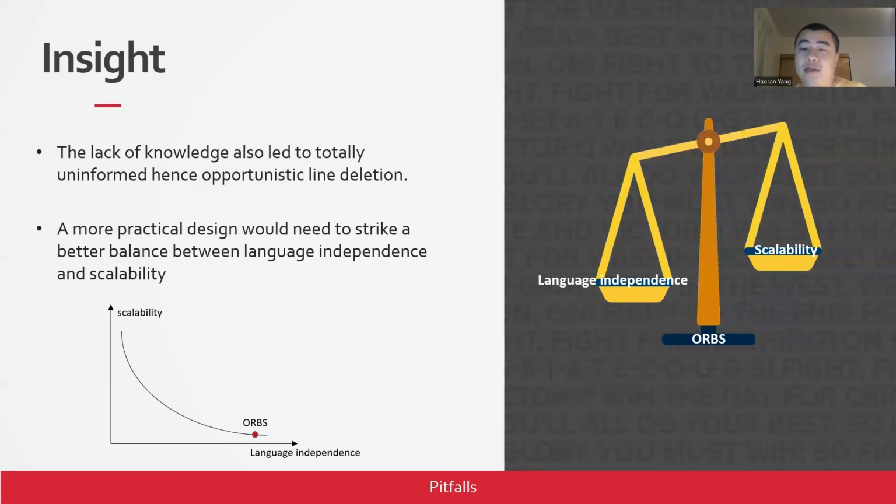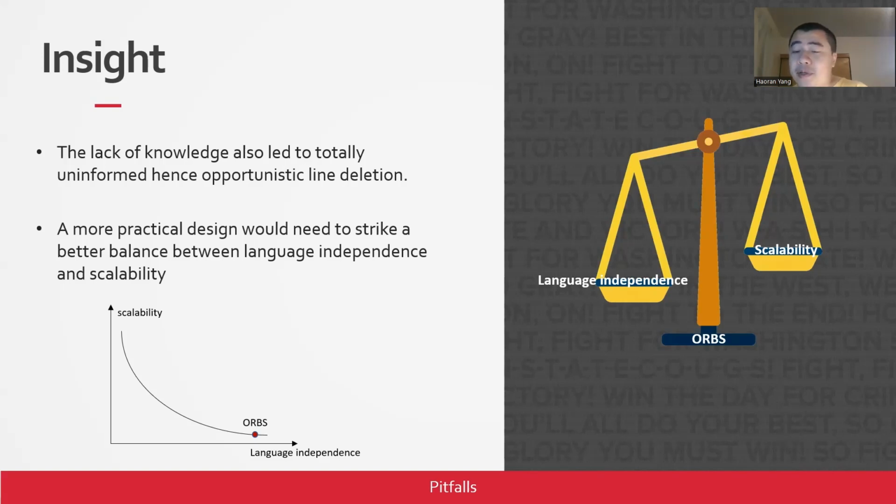The ORPS dynamic analysis lacks knowledge, which leads to its being uninformed, hence opportunistic in line deletion. This mechanism results in a large number of failing attempts of deletion. As we observed during the experiment, it was indeed stuck in the deletion and compilation loop for a long time until the timeout was triggered.